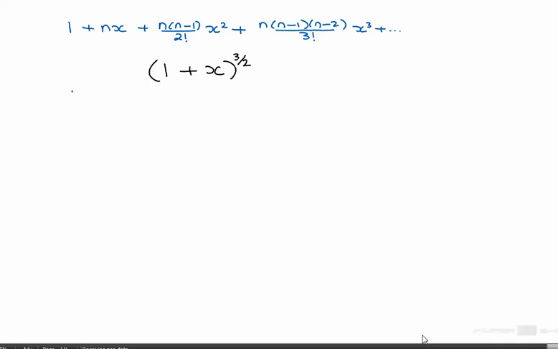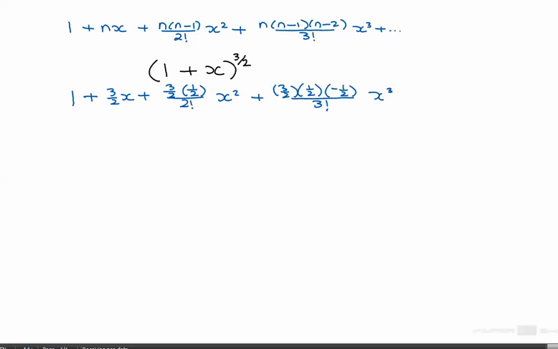So we've got 1 + nx, which is 3/2 x, and then plus n(n - 1), which is 3/2 multiplied by 1/2, over 2 factorial, and that's x^2, and then plus 3/2 multiplied by 1/2, which is n - 1, then n - 2 gives me minus 1/2, all over 3 factorial, and then multiplied by x^3.